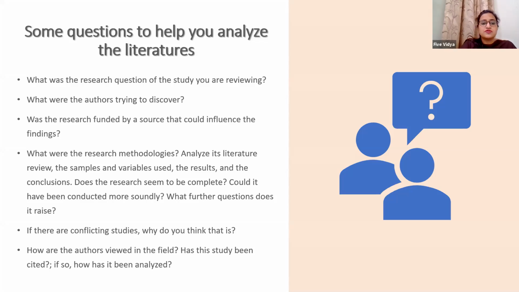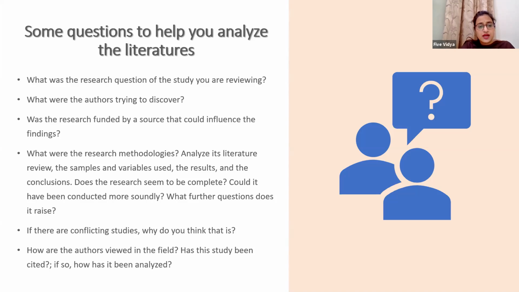Then, was the research funded by a source that could influence the findings? Because if a research is funded, there are chances that the findings are biased, or maybe they are not accurate, so you need to find that out. Then, what research methodologies were used in that research?